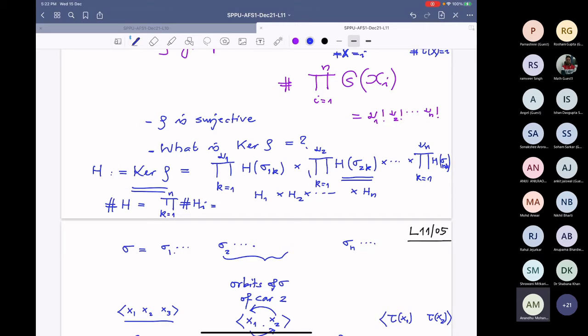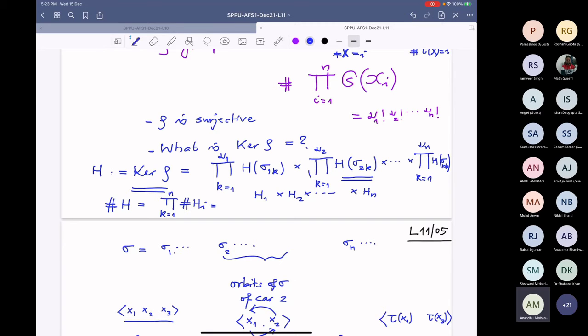Then what is the cardinality of the subgroup generated by an r-cycle? What is the order of an r-cycle? So the r-cycle order is r, right? Is it r? You may be correct, but you have to be confident enough to say, yes, it is r. Very good. And how many times is that appearing? Nu r times.